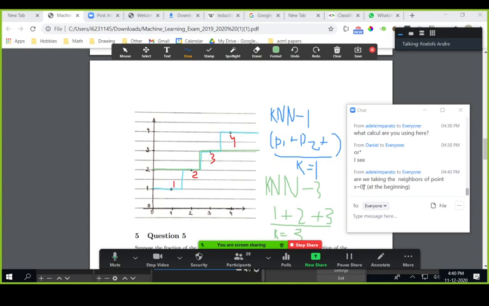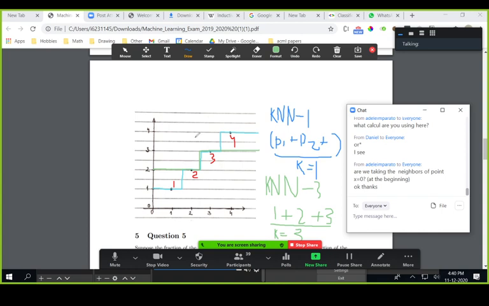Are we taking neighbors of a point x0 at the beginning? Yes, we are. While our points right here fall nicely into 1, 2, 3, and 4, we might need to know what to do with a point at 0.8. We cannot just say we don't know, we give up, right?